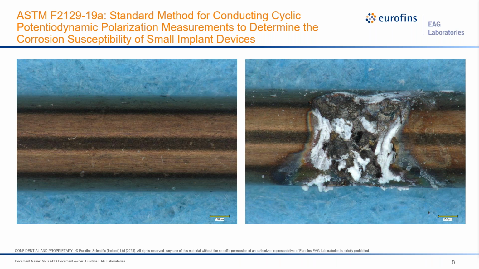Here, we see a material before and then a material after corrosion testing. It can be seen that after corrosion testing, the corrosion damage shows discoloration, white byproduct, and corrosion damage to the material.